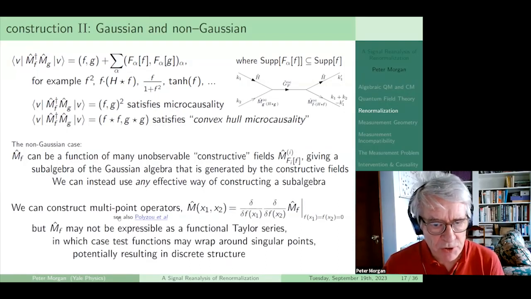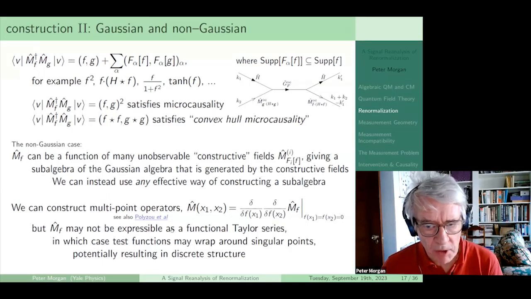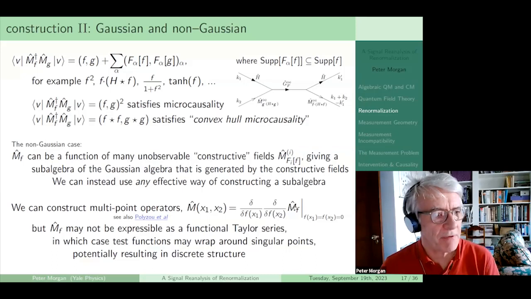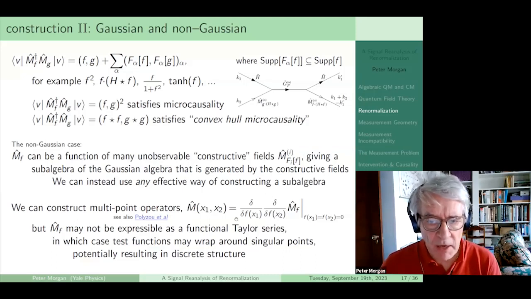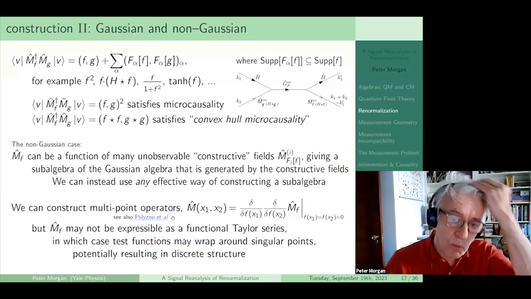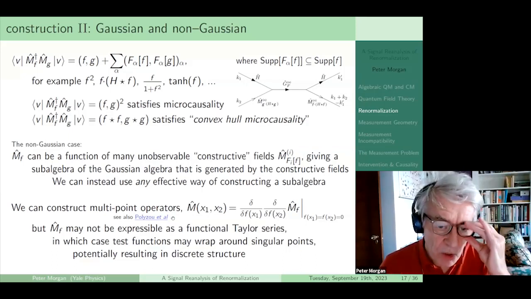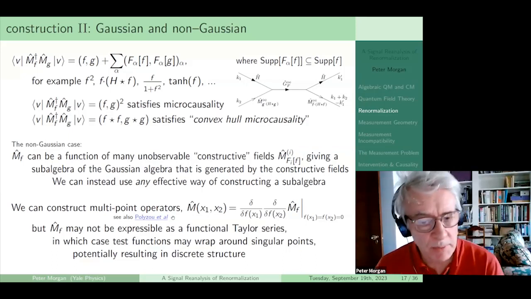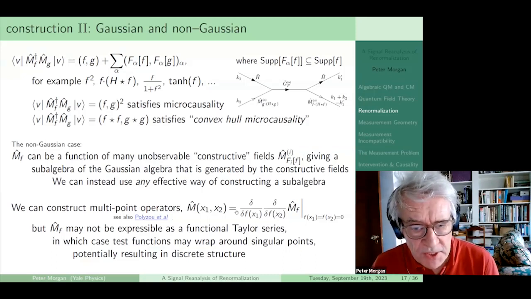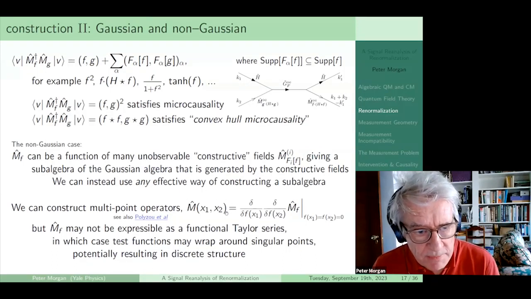And this comes back to something that's due to Wayne Polozou. Because F measurements are nonlinear functionals of F, we can now take functional derivatives of that and construct multi-point operator-valued distributions. And this recalls Wayne's and his collaborators' work on the Poincare invariant quantum mechanics, where they use this kind of construction for bound states.